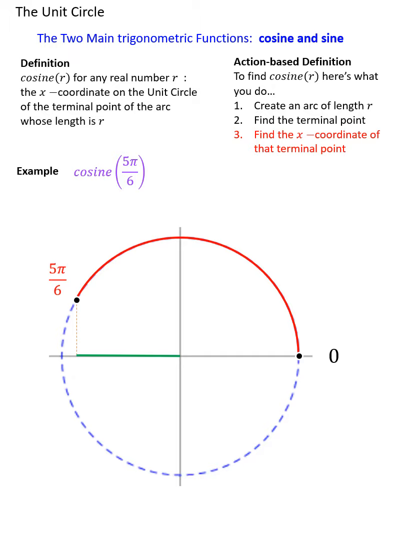Well, you may recall from the previous video that when we have any multiple of pi over 6, the terminal point on the unit circle forms a 30, 60, 90 triangle within that unit circle. You may also recall that the lengths of the legs, you may see them both as green, are always radical 3 over 2 and a half.